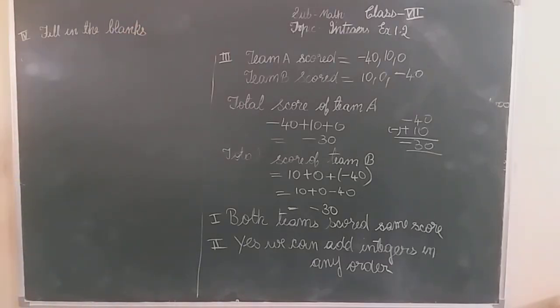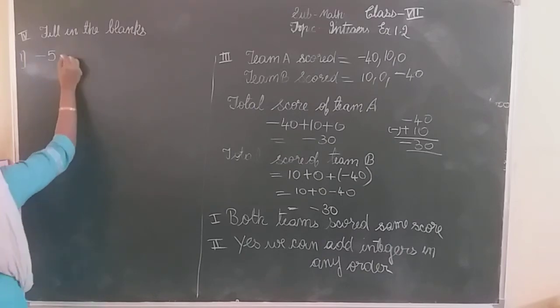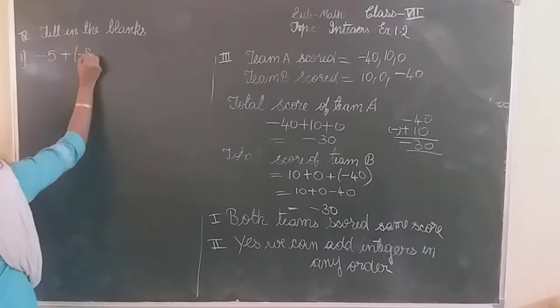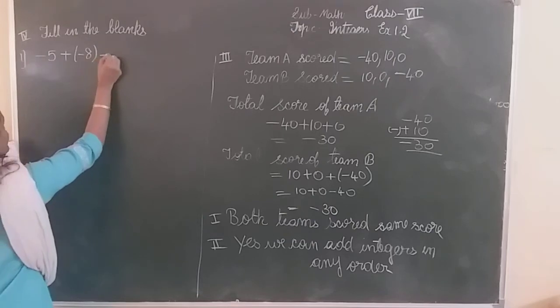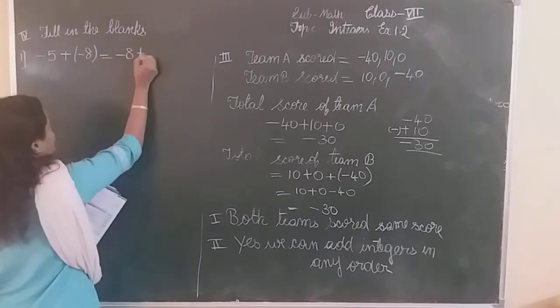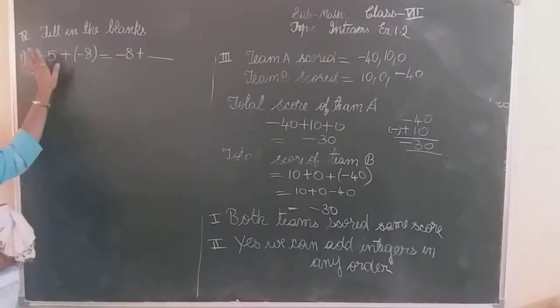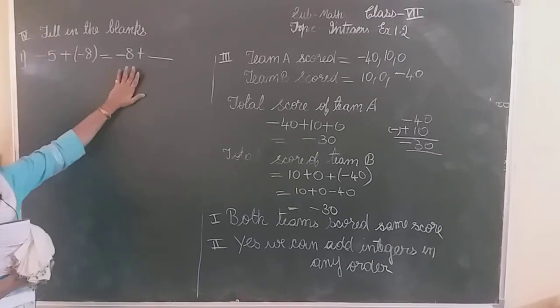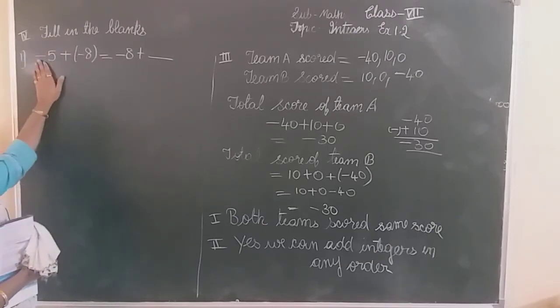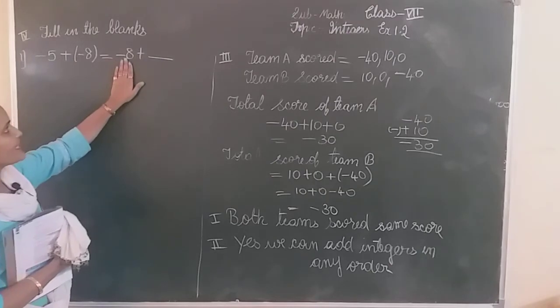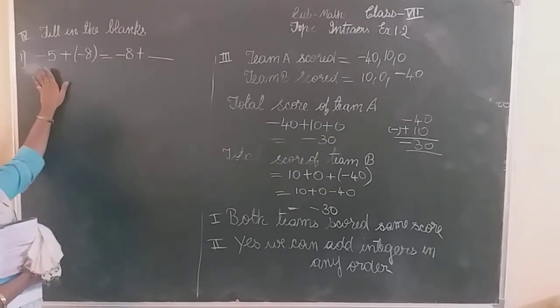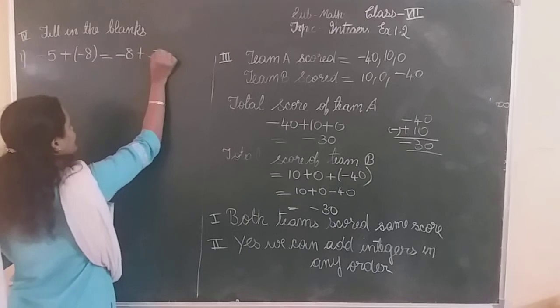Okay, the first one. Minus 5 plus of minus 8 is equal to minus 8 plus dash. See, now they have given two numbers. Both the numbers they have given as equal. That means whatever numbers are there on your left side, the same numbers should be there on your right side. So here you have minus 5, minus 8. They have given minus 8, but minus 5 is not there. So the answer will be minus 5.